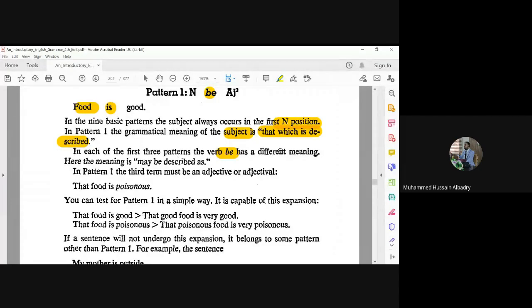Here the meaning may be described as. The grammatical meaning of the verb in pattern number 1 may be described as.